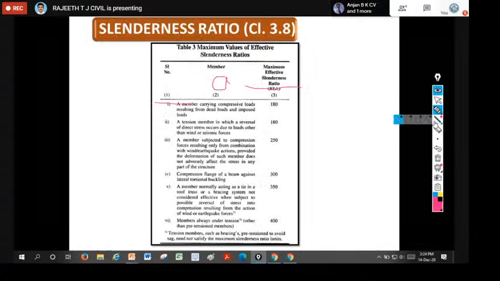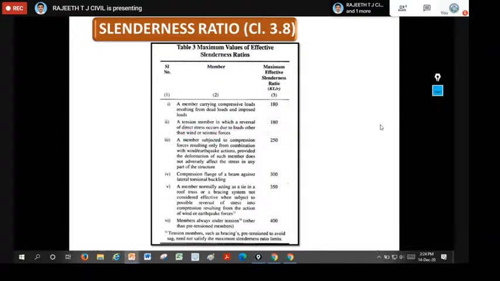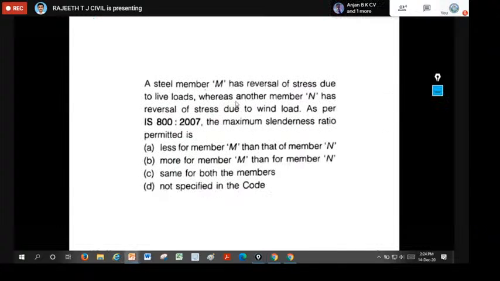Member subject to reversal of stresses due to what? Tension reversal of stresses due to other than wind and earthquake forces, the value is 180. Other than wind and earthquake force means it may be for live load or imposed load, the value is 180. That is for M, the value is 180.